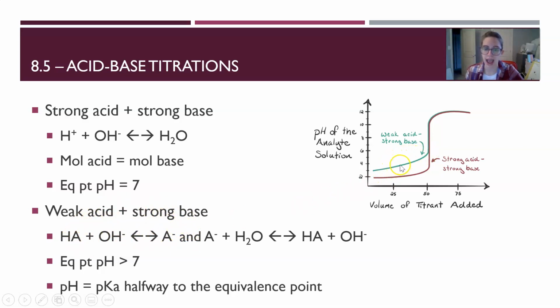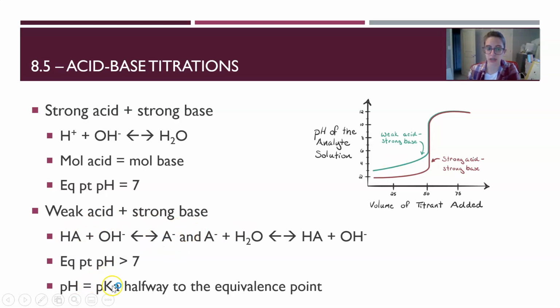And so halfway to the equivalence point, if you use the Henderson-Hasselbalch equation, pH equals pKa plus the log of the ratio of the conjugate base to the weak acid. When those two are equal, which is halfway to the equivalence point, you end up with 1, so plus log of 1, which is 0.